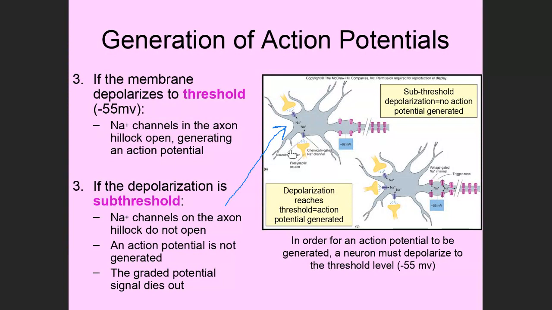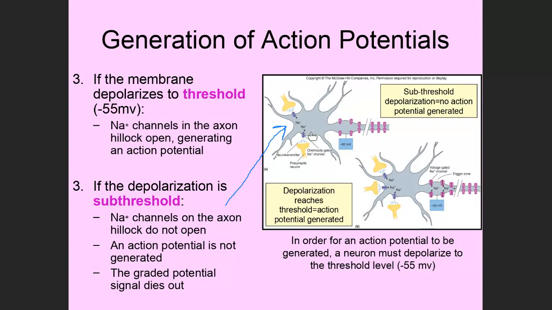That's going to allow a little bit of sodium to rush into the cell. So we've got this positive charge coming into the cell through these two open sodium channels, and that's going to make the inside of the cell a little bit less negative. It's going to make it a little bit closer to what we've got as far as charge on the outside of the cell. So we're going to depolarize this cell to some extent when that sodium starts to come in.